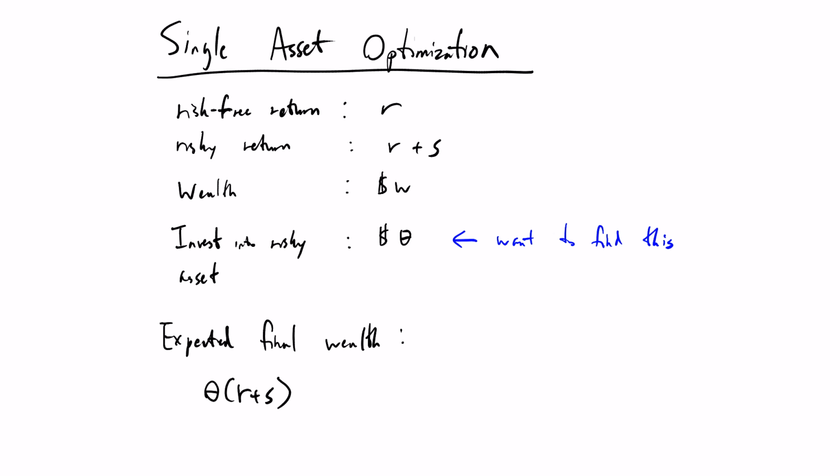And then the remaining, so that would be W minus theta, would give us a return of R, right? Then this is our final wealth. You can simplify that. That would be, I think, WR plus theta S, right?